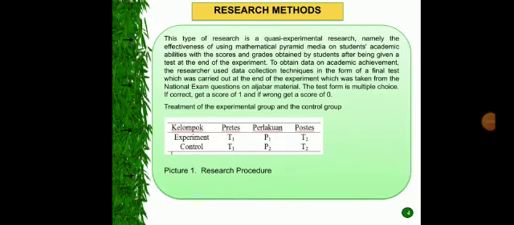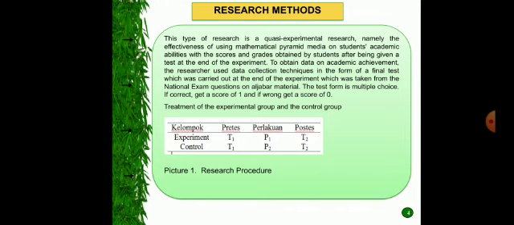Research method. This type of research is a quasi-experimental research, namely, the effectiveness of using mathematical pyramid media on students' academic abilities, with the scores and grades obtained by students after being given a test at the end of the experiment. To obtain data on academic achievement, the researcher used data collection techniques in the form of a final test, which was carried out at the end of the experiment, which was taken from the national exam questions on algebra material.